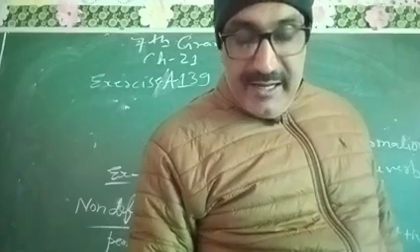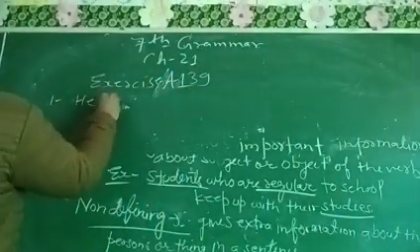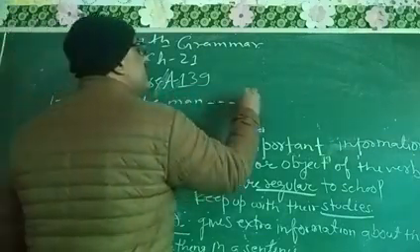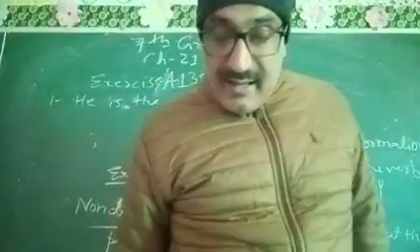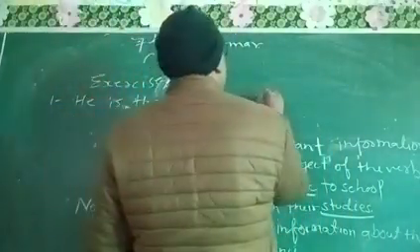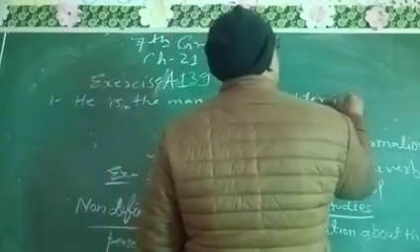The first example is, he is the man dash, where you have to fill, daughter is a classical dancer.